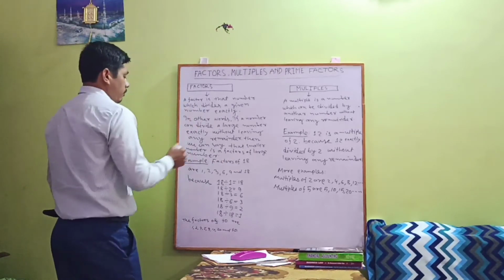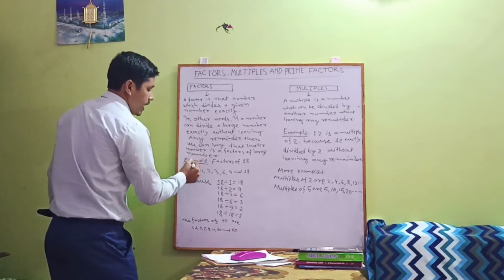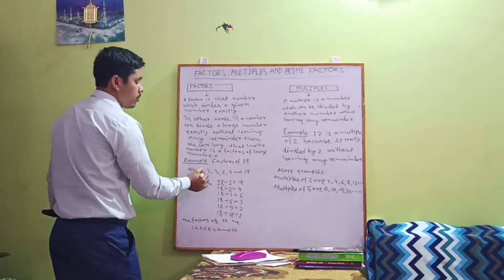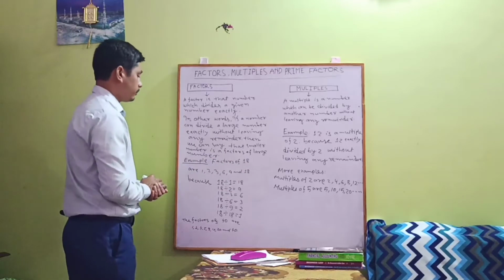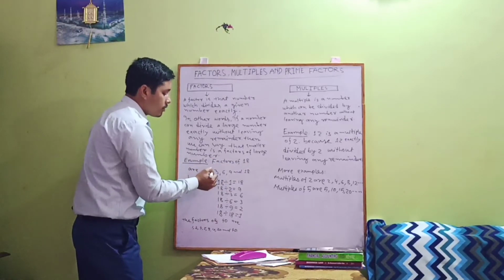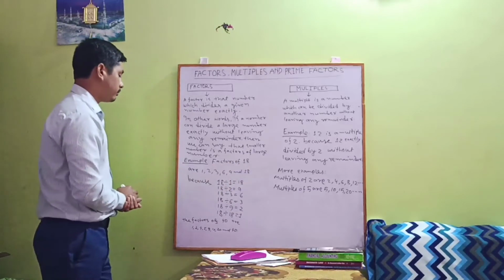Let's start with an example for better understanding. Factors of 18 are 1, 2, 3, 6, 9 and 18. How?